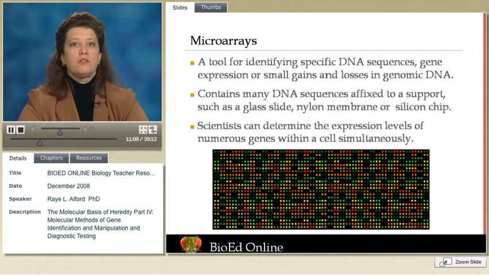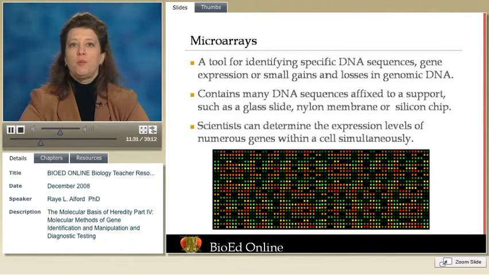The spots corresponding to expressed genes will light up because a fluorescently labeled specimen hybridizes there. Spots corresponding to unexpressed genes will remain unlabeled. Under the proper experimental conditions, quantitation of the amount of gene expression may also be possible.